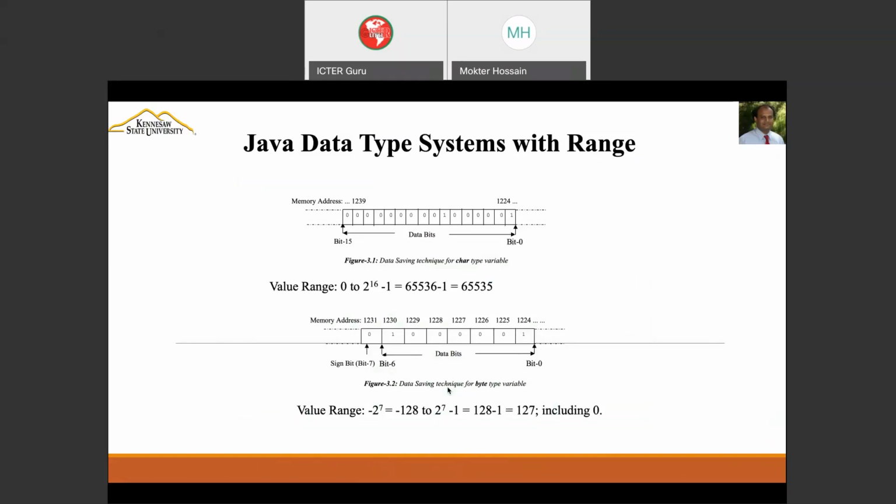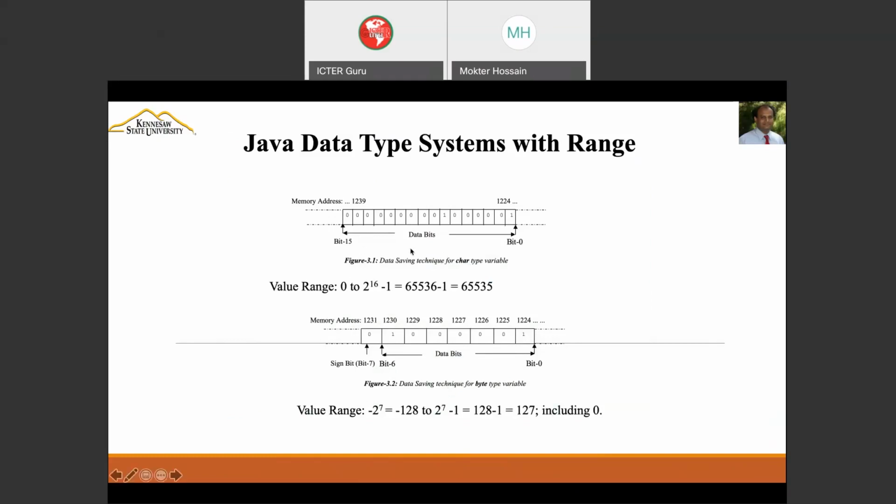But if you are interested in what happens when we declare a variable: a character type takes 2 bytes in Java, and in C and C++ it takes 1 byte.